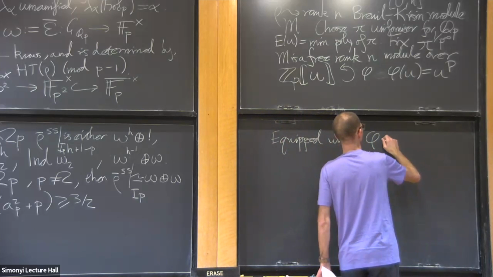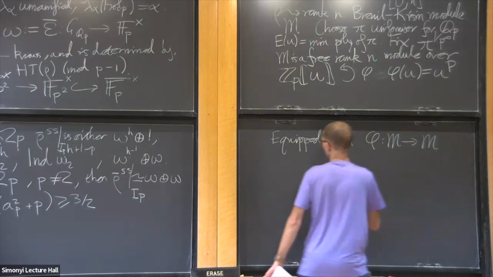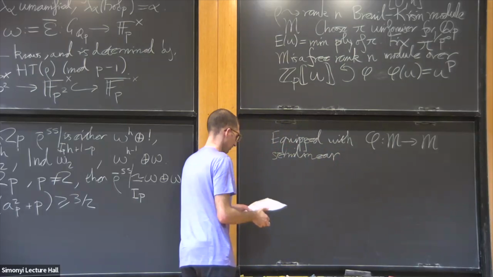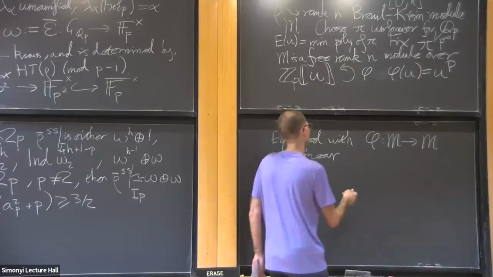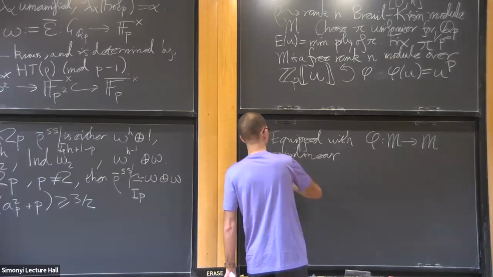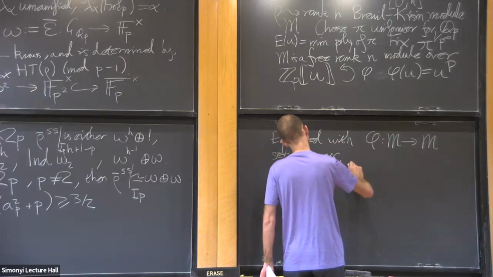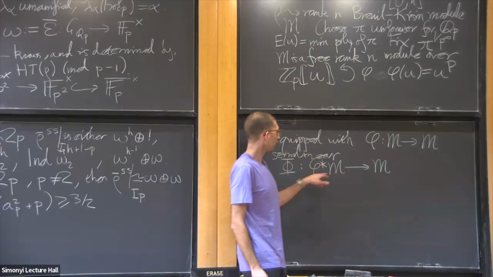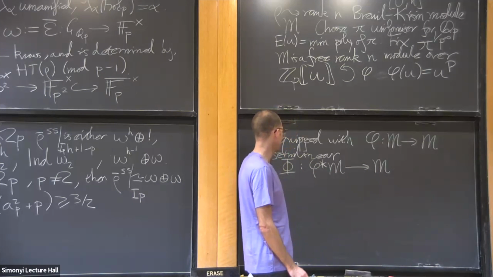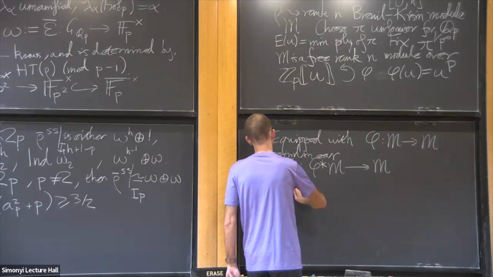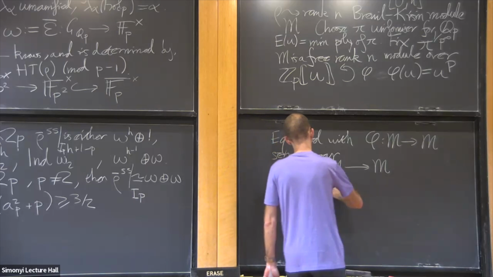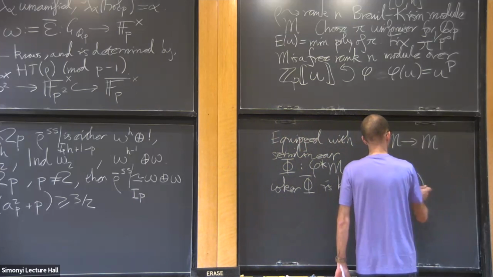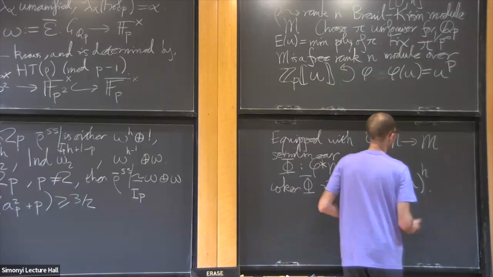And the cokernel of the linearized Frobenius, which I'm going to write as capital Phi, from phi-star of M, the Frobenius pullback of M, to M, I insist is killed by the minimal polynomial E(u) to the power h.